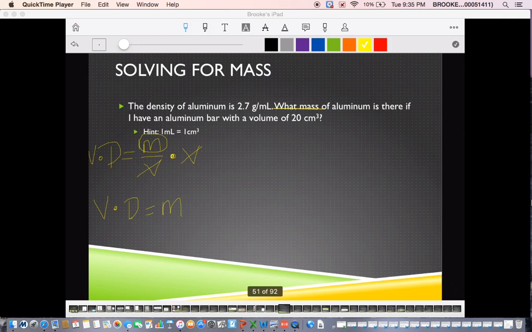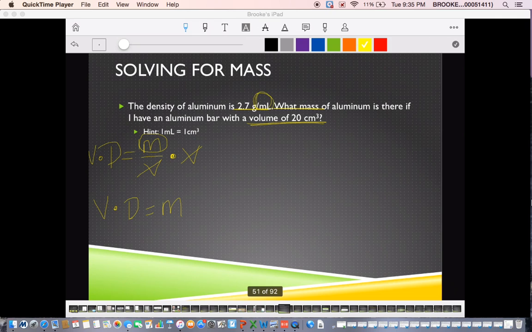It says the density of aluminum is 2.7 grams per milliliter. What mass of aluminum is there if I have an aluminum bar with a volume of 20 centimeters cubed? What you should notice here is that there's a discrepancy with our units. For our density, we are given a volume unit of milliliters.